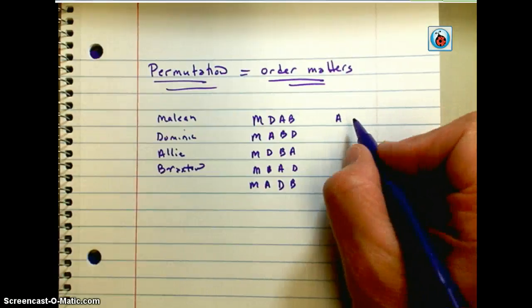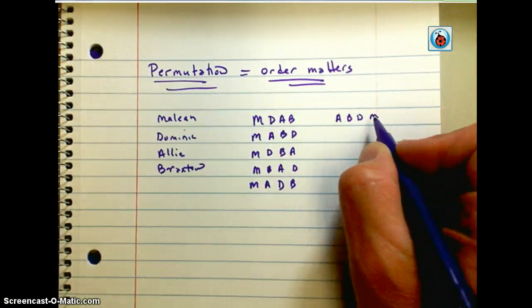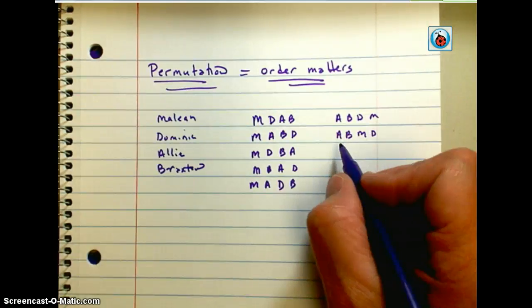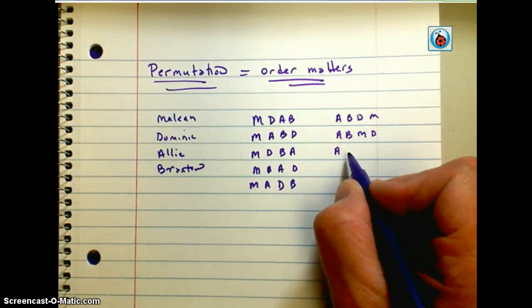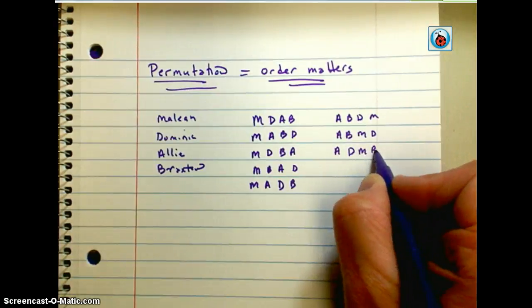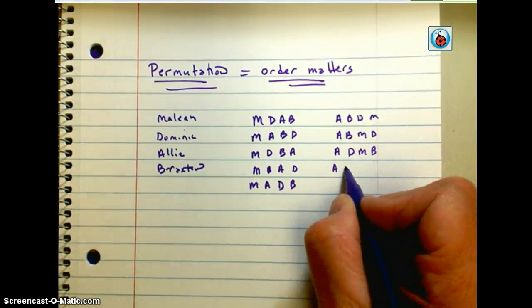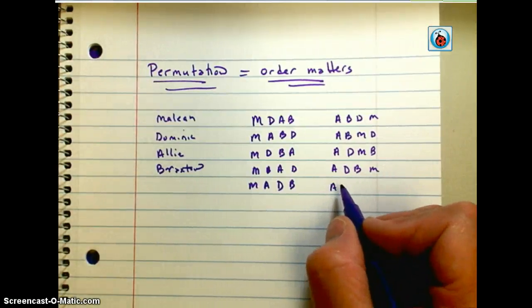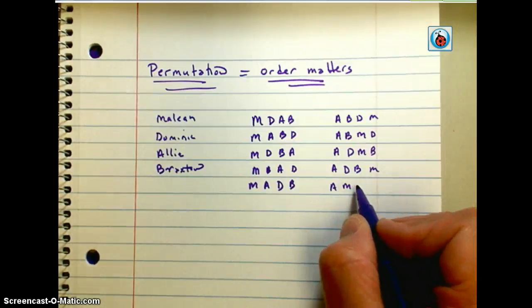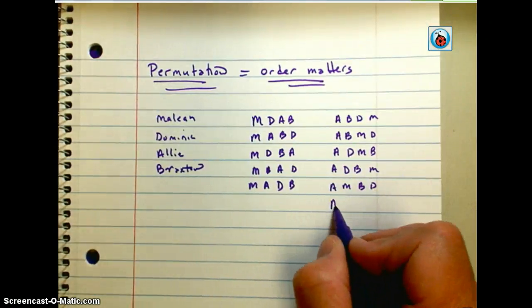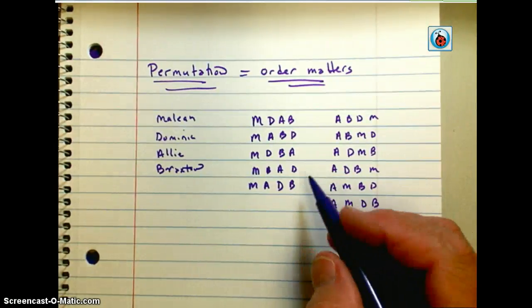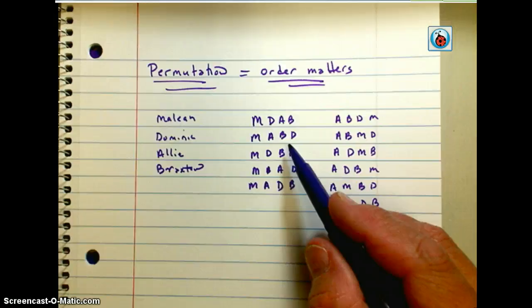Now let's do another example where Allie is the leader. Allie, Braxton, Dominic, Malia. Allie, Braxton, Malia, Dominic. Allie, Dominic, Malia, Braxton. Allie, Dominic, Braxton, Malia. Allie, Malia, Braxton, Dominic. And Allie, Malia, Dominic, Braxton. I think I forgot one in the other list, so let me double check.